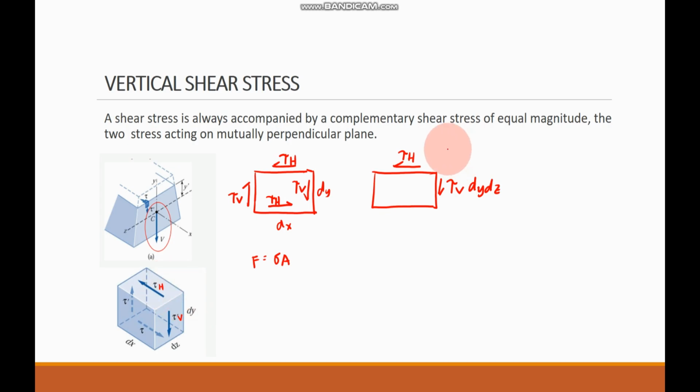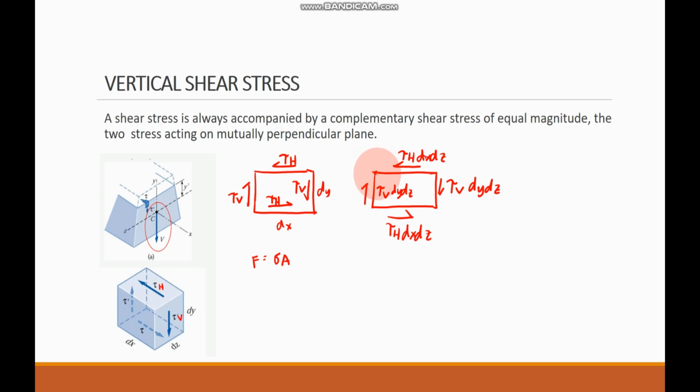Dz multiplied with dx. And on this part, we have a vertical force which is equal to vertical stress multiplied with the area, which is equal to dy dz also. And then on this part, we have here the horizontal shear stress multiplied with dx dz.